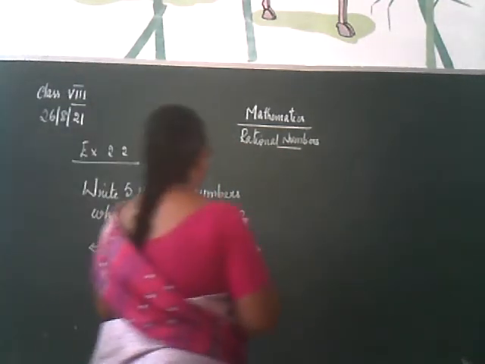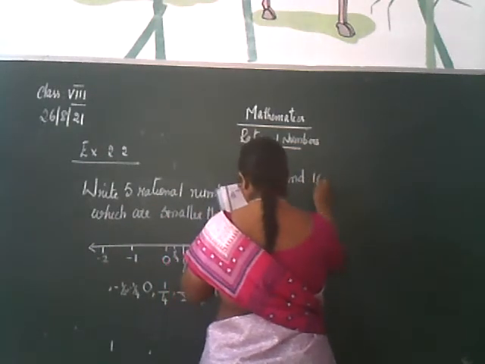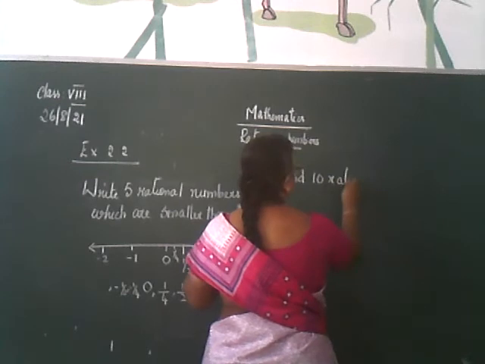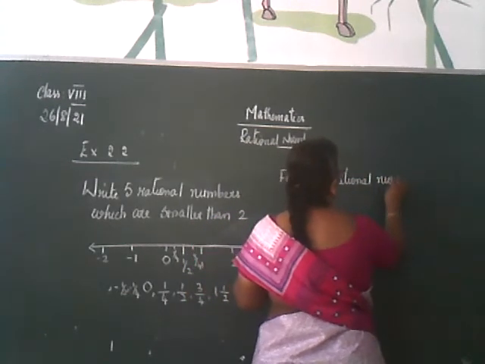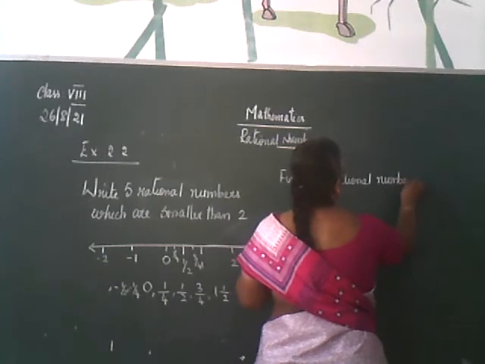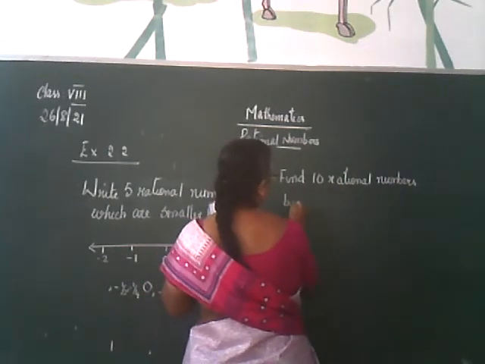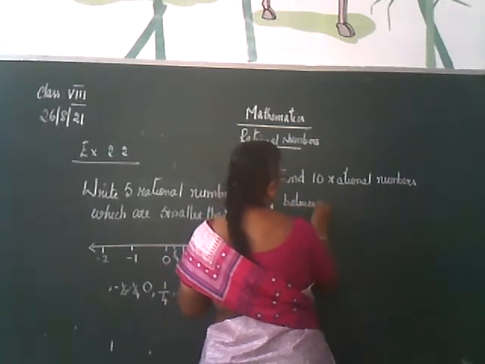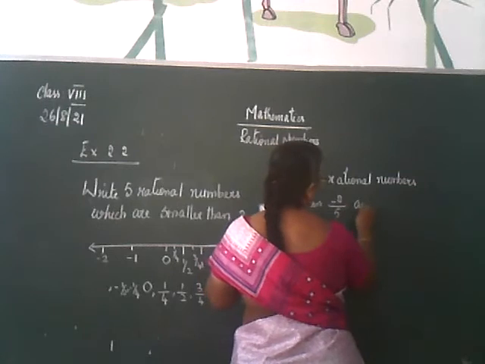Next is, find 10 rational numbers between minus 2 by 5 and 1 by 2.